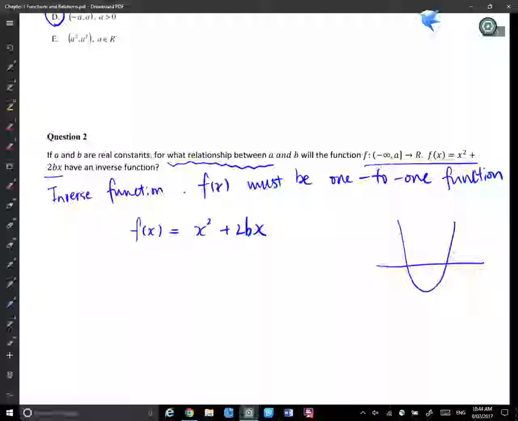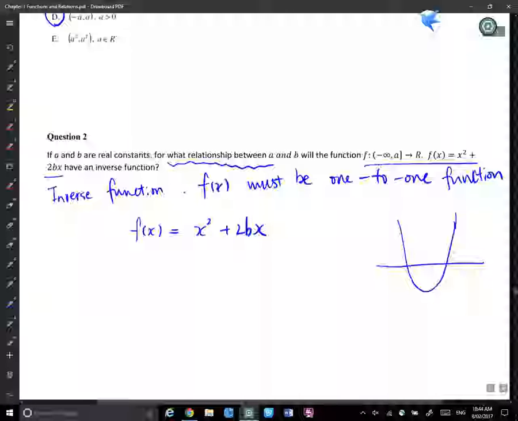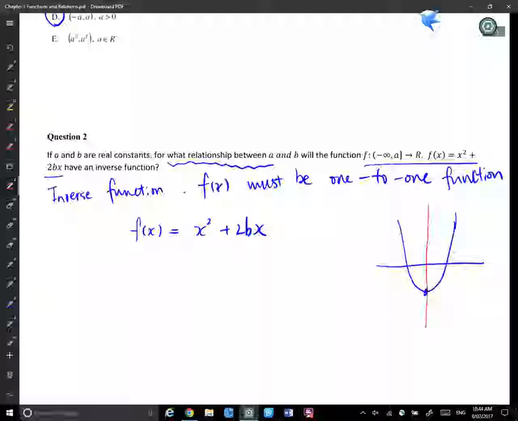If that's the turning point and we cut this in half, the left-hand side will become a one-to-one function, and the right-hand side will become a one-to-one function. So I cannot go beyond the turning point. If I go from the left, I cannot go beyond the turning point. If I start from the right, I cannot go beyond the turning point as well.